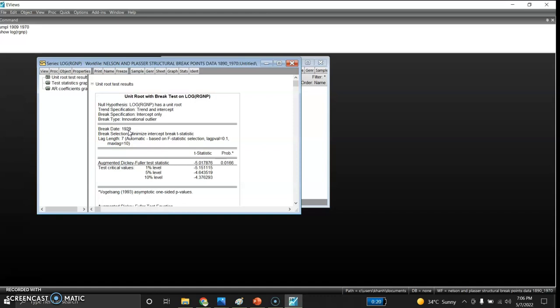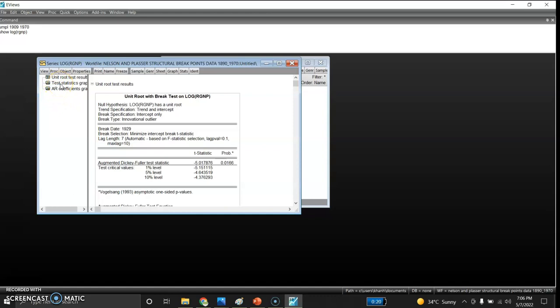So there is a structural break in the time series, and when I checked unit root test with breakpoint on log of real GNP, according to these results, we reject this null hypothesis based on p-value of 0.01, which is less than 0.05. We do not fail to reject, but we in fact reject this null hypothesis, and we conclude that log of real GNP doesn't have a unit root, or we conclude that it is stationary.